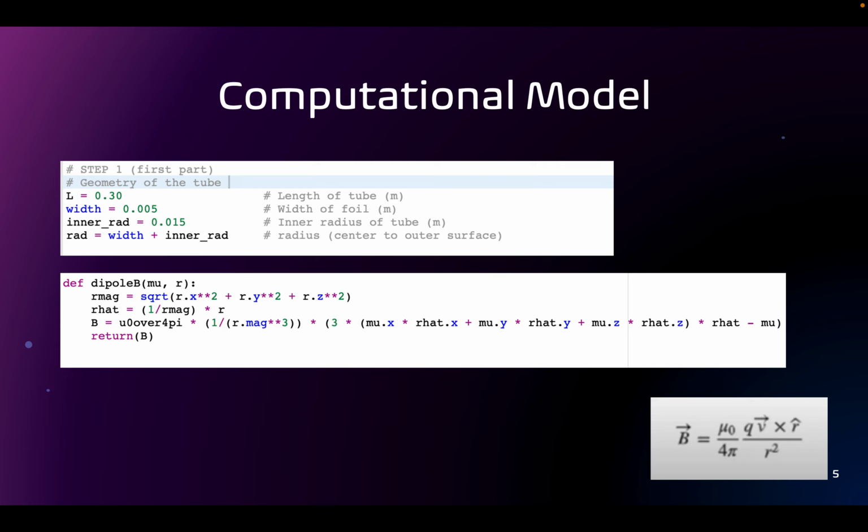In the bottom right corner is the equation that we saw in our third slide, and this is how we calculated the magnetic field of the dipole.